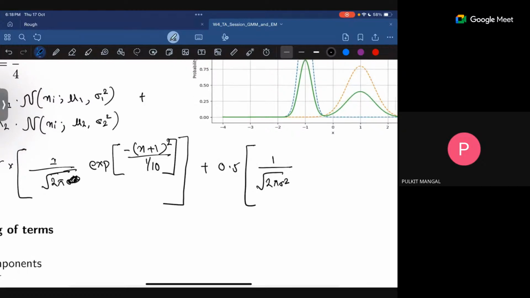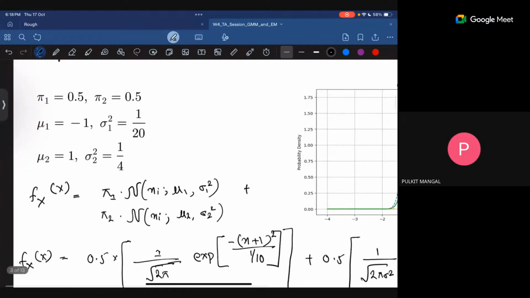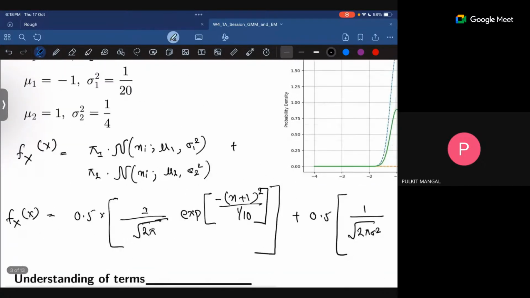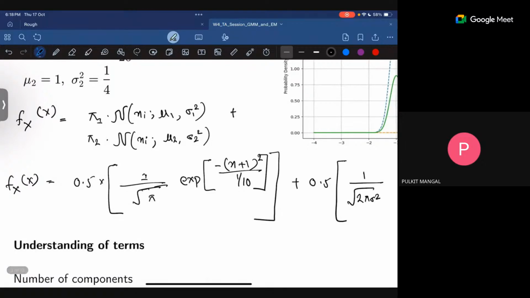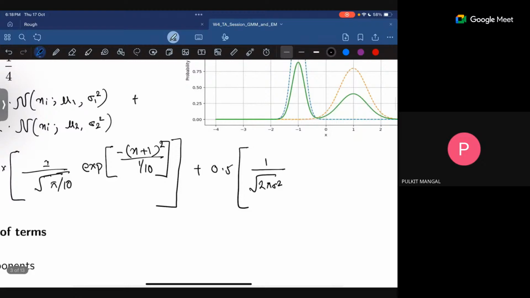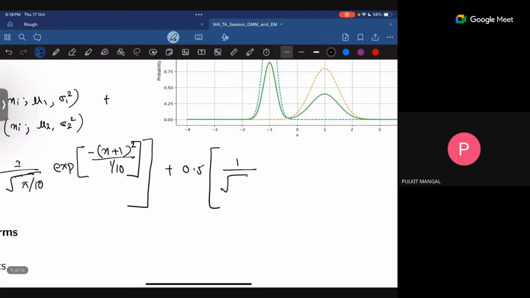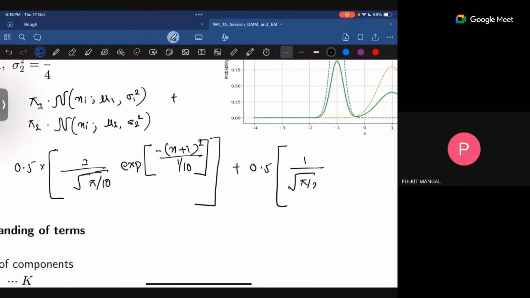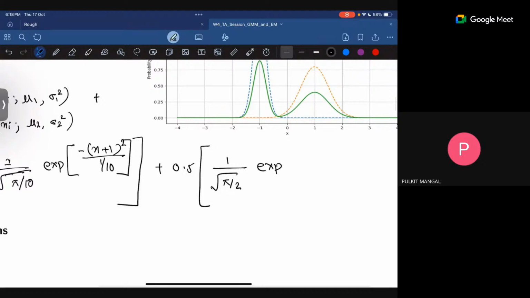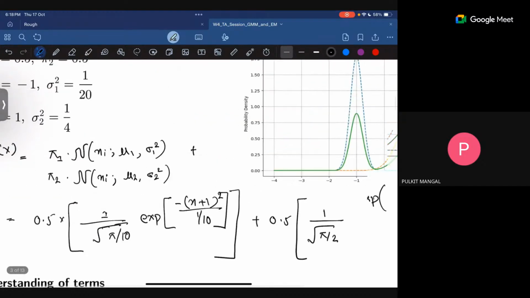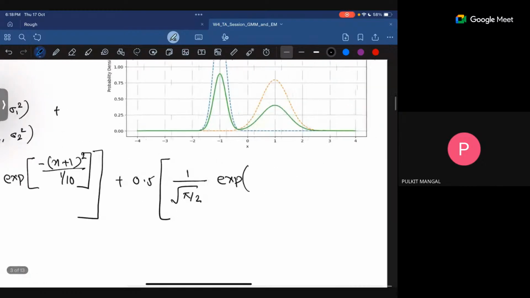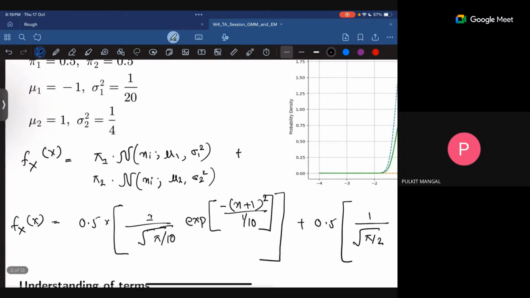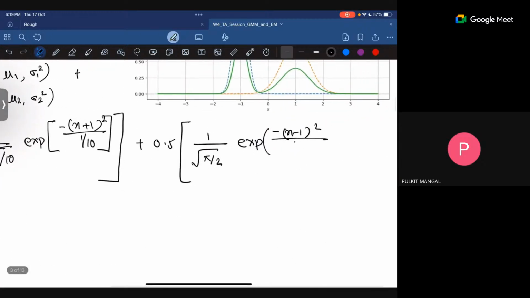Let's replace the sigma with the actual value that we have been given. 1 by 20 will become 5 by 10, and here also it will become 5 by 2. So mu2 is 1, so x minus 1 square divided by 1 by 2.